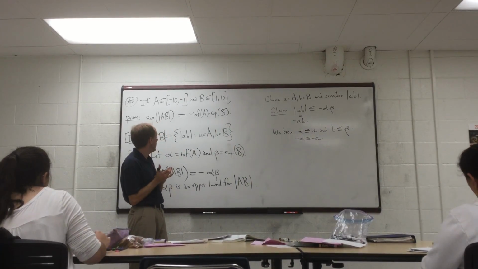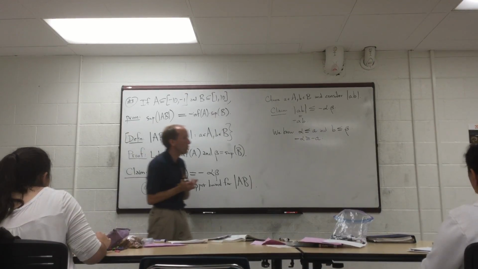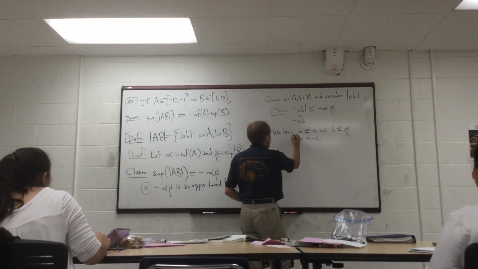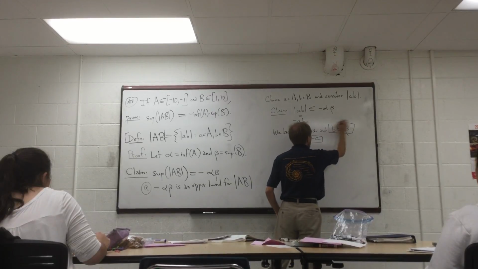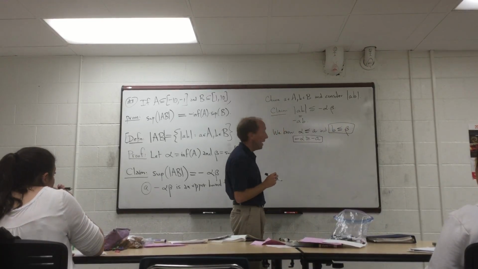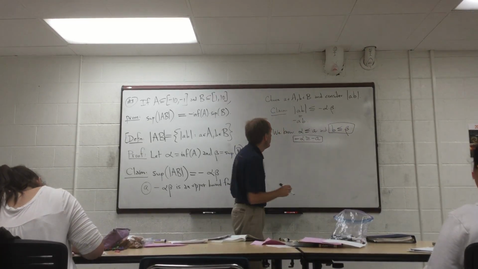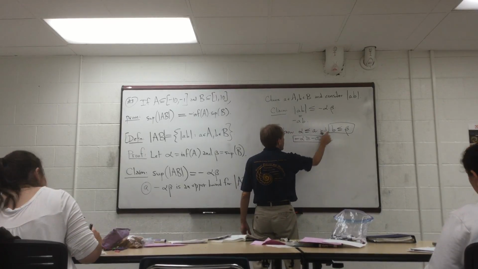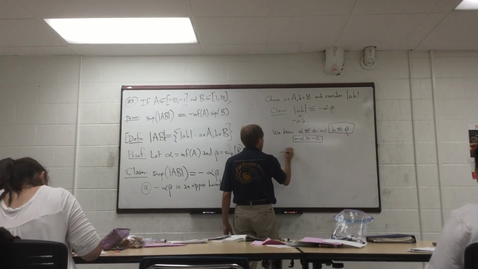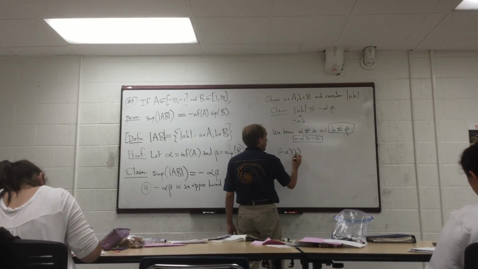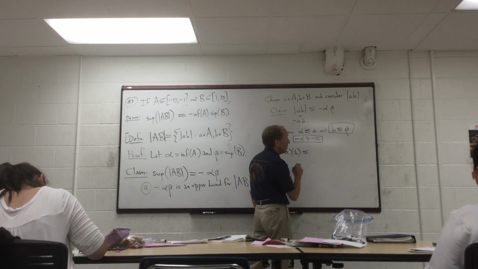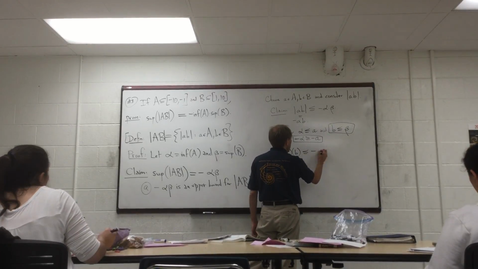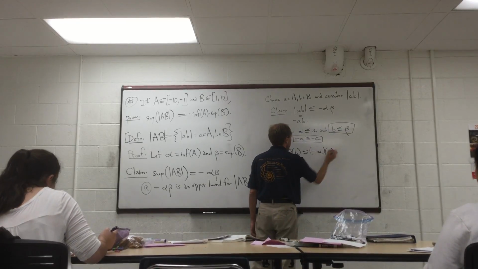Okay, and now actually at this point everything is pretty much a positive number. So if this is true and this is true, we can literally multiply these things together, right? So the two smaller numbers, negative A times B, will be less than or equal to the two bigger numbers, which is negative alpha times beta.